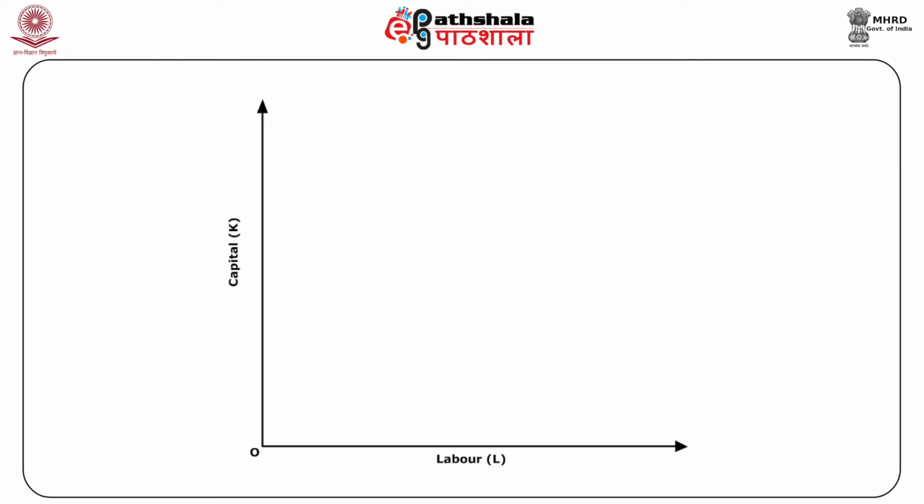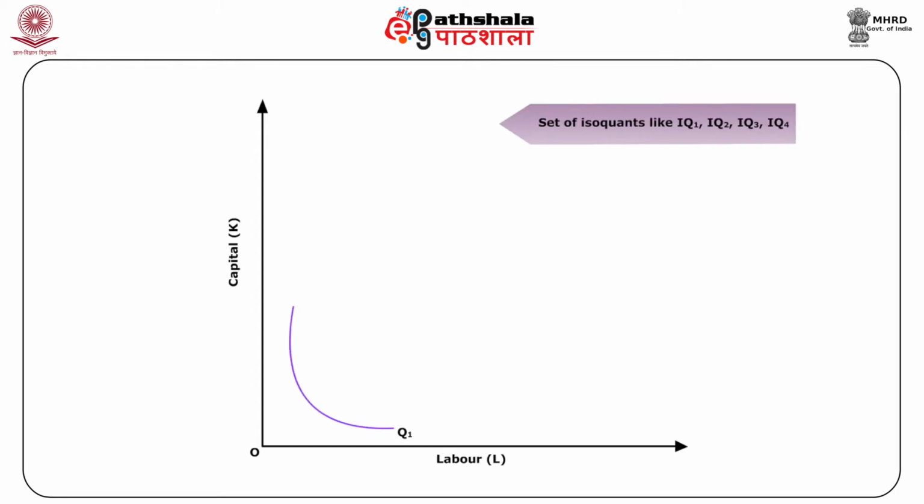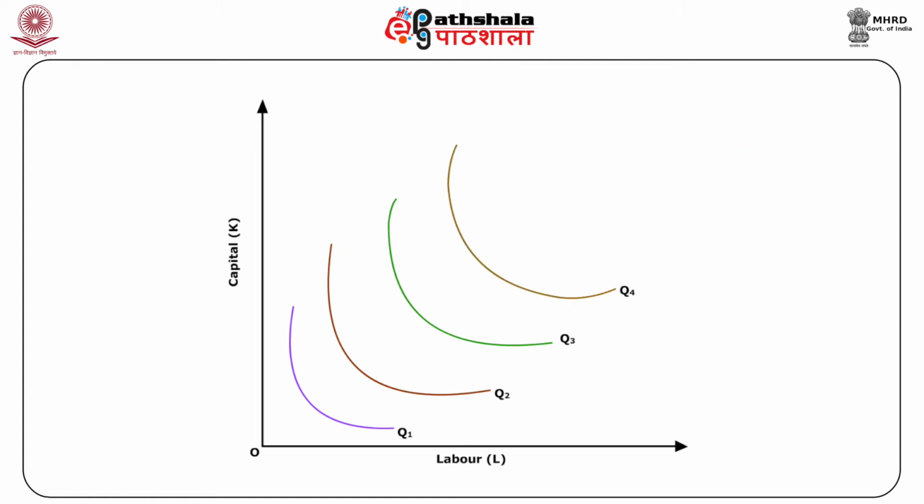Isoquant map is a set of isoquants like IQ1, IQ2, IQ3 and IQ4 in the figure, where each isoquant shows different outputs produced by different combinations of labor and capital.